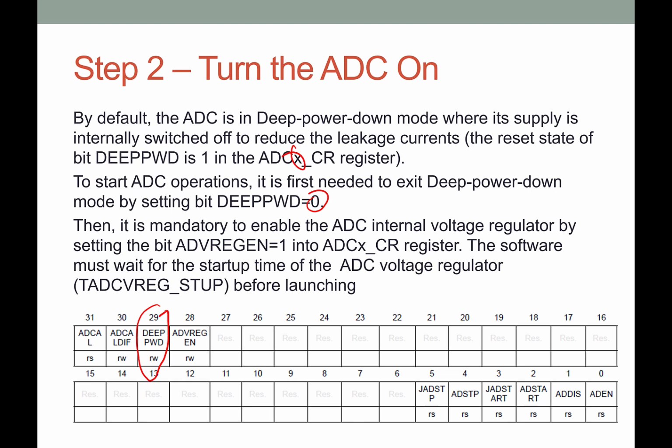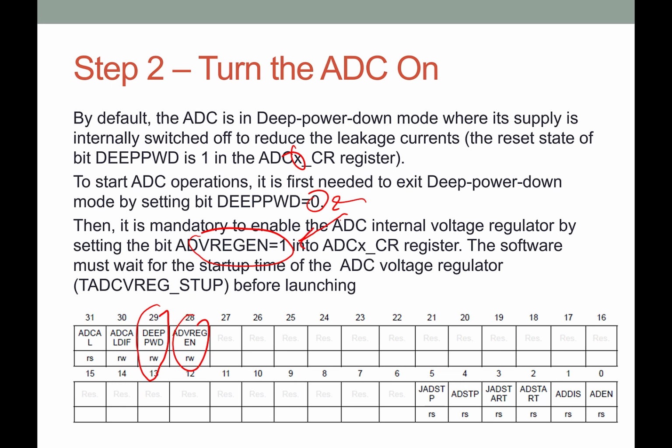It says it is then mandatory to enable the analog to digital converter internal voltage regulator by setting ADVREGEN, so enabling the voltage regulator for the analog to digital converter, and that's this bit. So you've got to make that 1. Notice it's a little bit backwards: you're putting this one at 0, but this one at 1.